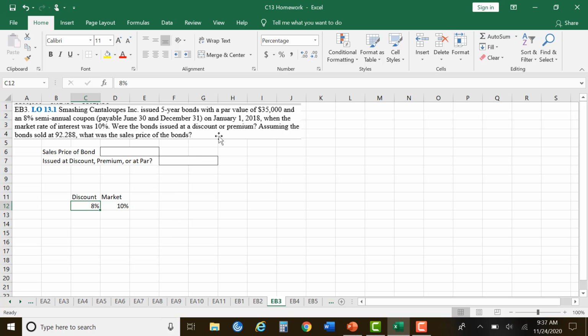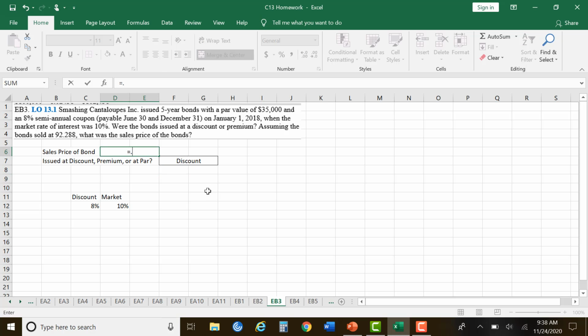So were the bonds issued at discount or premium? Discount. Assuming the bonds sold at 92.288, what was the sales price of the bonds? So we take 0.92288 and multiply it by the price of the bonds.